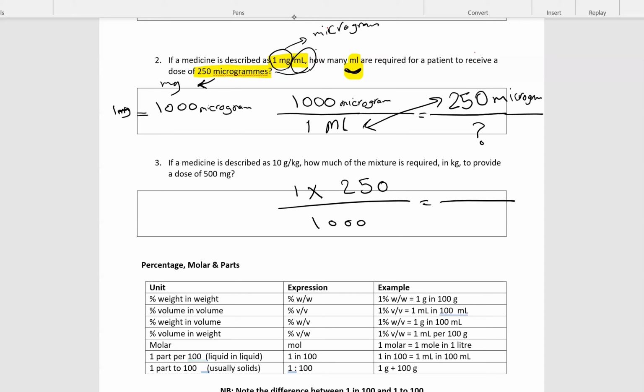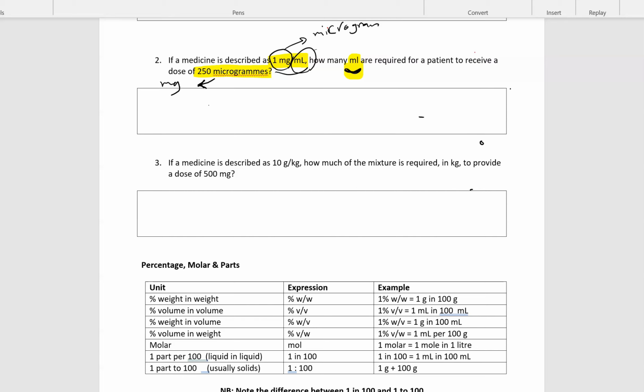You will get 0.25 milliliter, because the denominator is in milliliters.